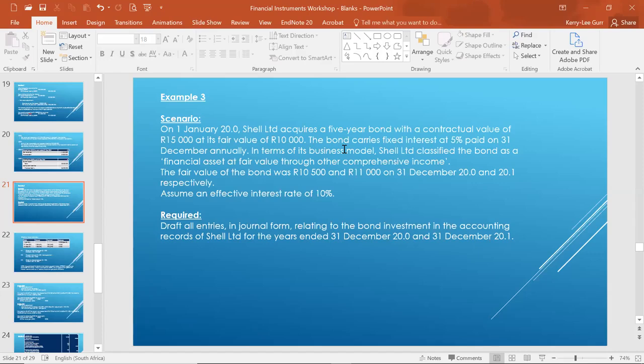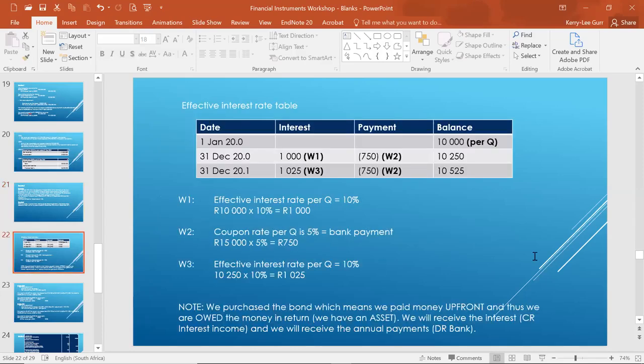So perhaps that was slightly poorly worded from another textbook, but that is the way they had included it. But really what we're looking at is that Shell Limited is basically the one providing a bond to another company. So they're giving the money up front and they're going to be paid that money back in the future. Okay, so that's how they have taken it.